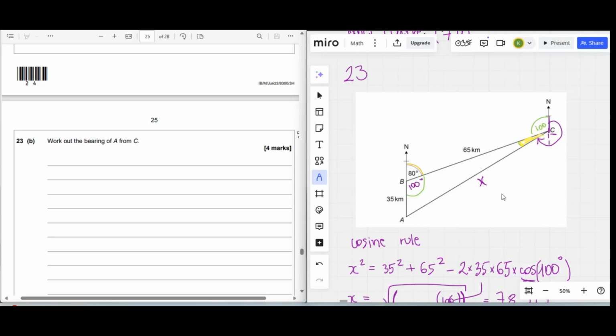So what do we need if we are missing an angle? I think we can do the cosine rule again.